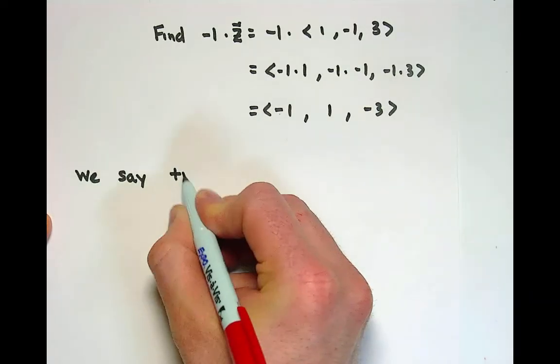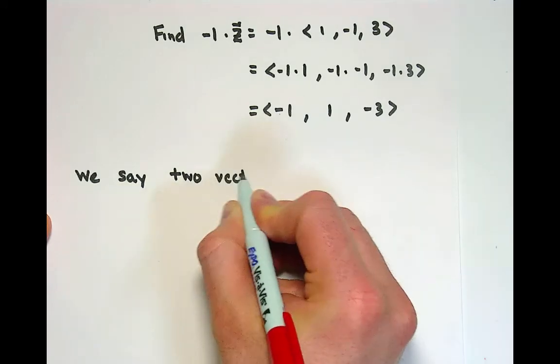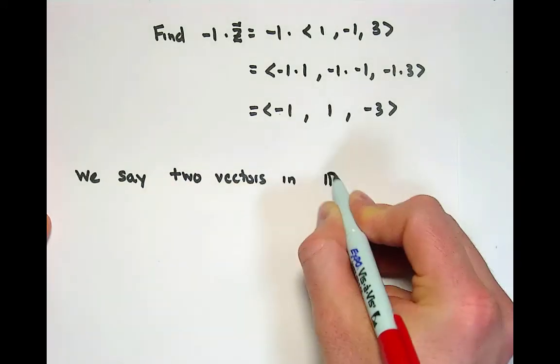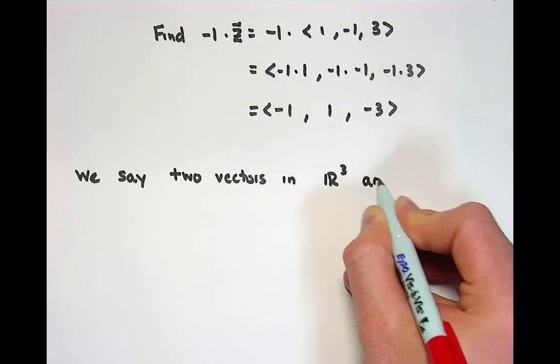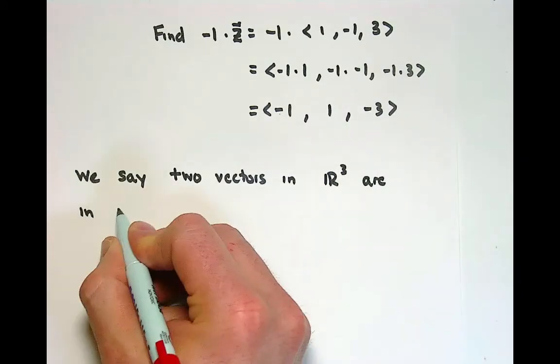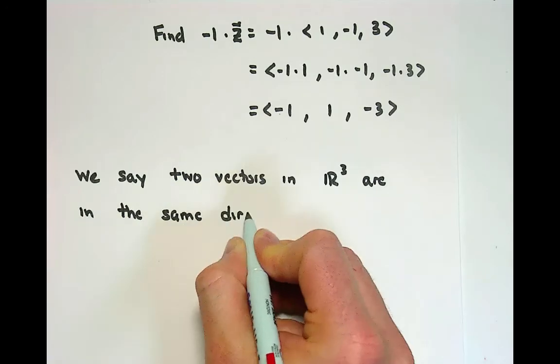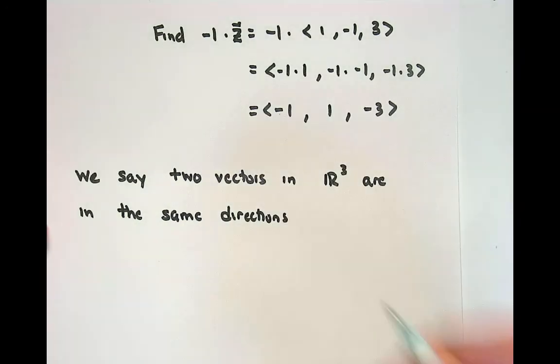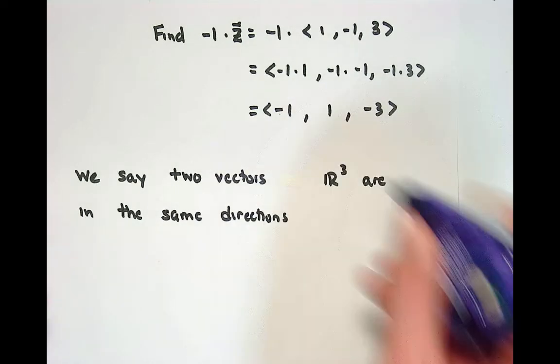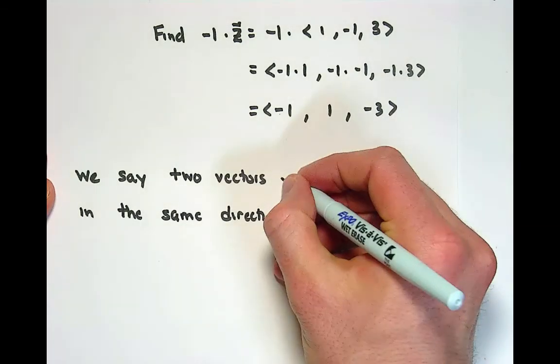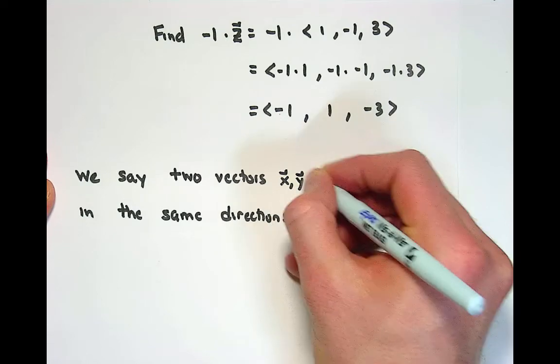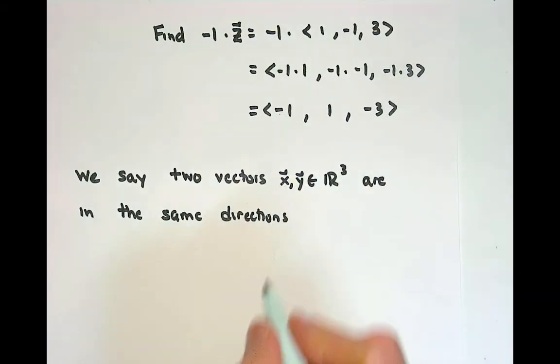We say two vectors in R3 are in the same direction. So perhaps you have these two vectors, x and y.